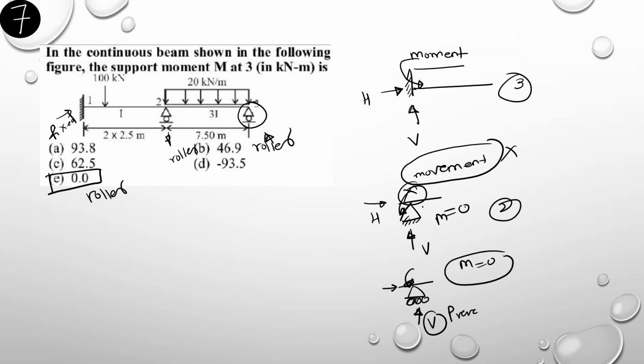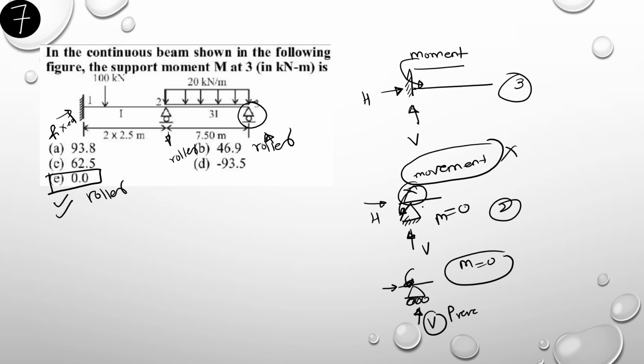That's why there is no restraining moment value in case of hinge and roller support. That's why the moment value is 0 in case of roller and hinge. But in case of fixed support, for any kind of rotation, there is a restraining moment present in the fixed support. So that's why there is one value of moment in the fixed support. Okay, so option A is correct here.